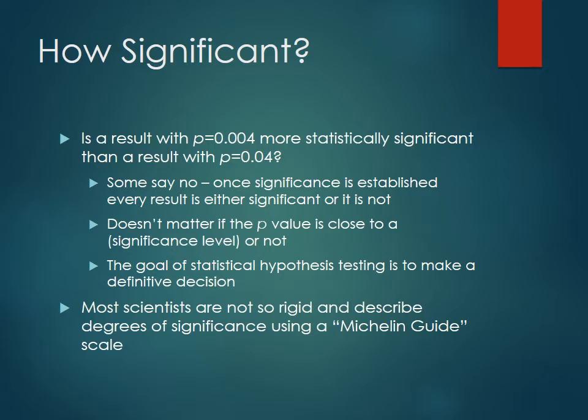Basically, which one are you more sure or has a less chance to be just due to random sampling? The smaller one, right? So this is just telling me that the possibility of this being due to just random sampling or random error is much less with the 0.004, right? It's only 0.4% versus something that is 4%, right?